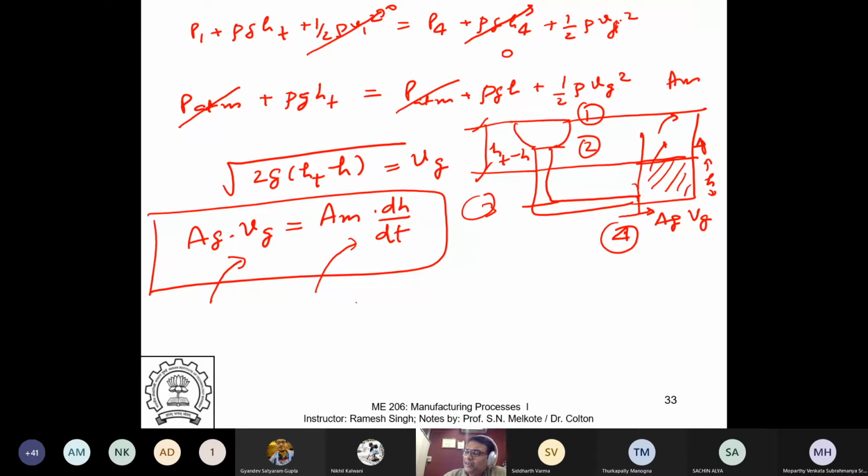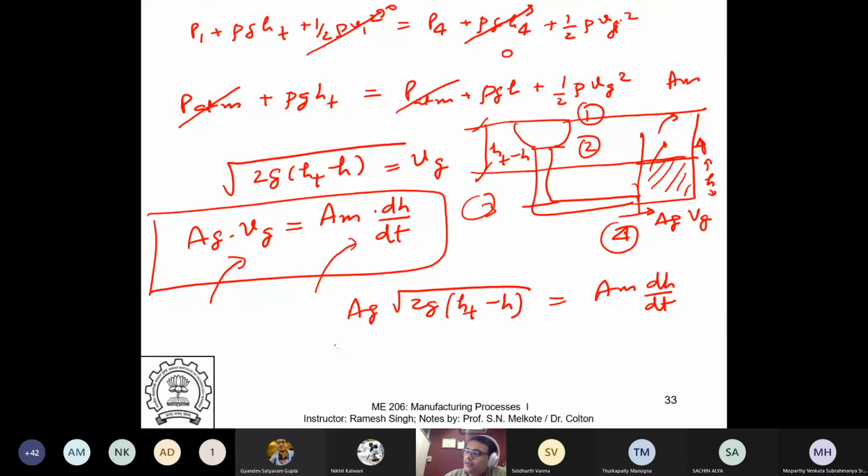So then what will happen is, Vg I know, Ag, and Vg I know is root 2g(ht minus h), which is equal to Am dH/dt, right?